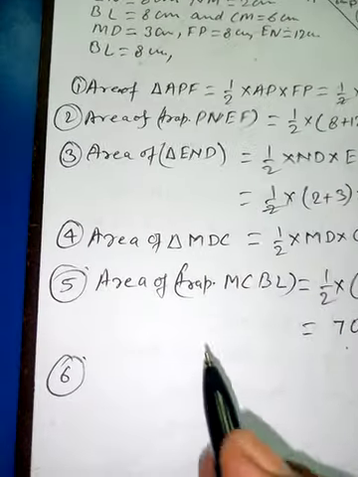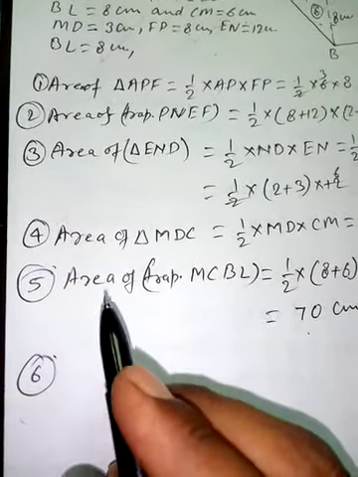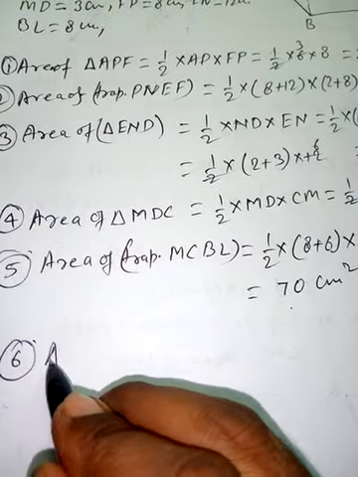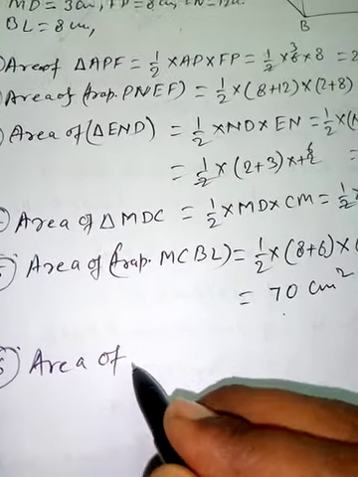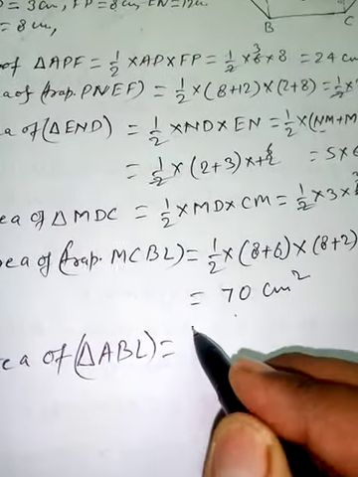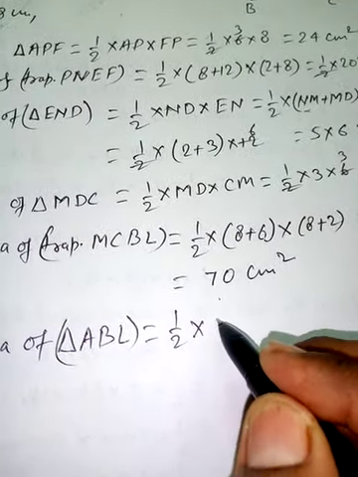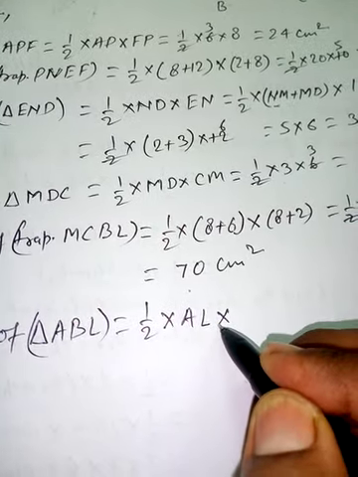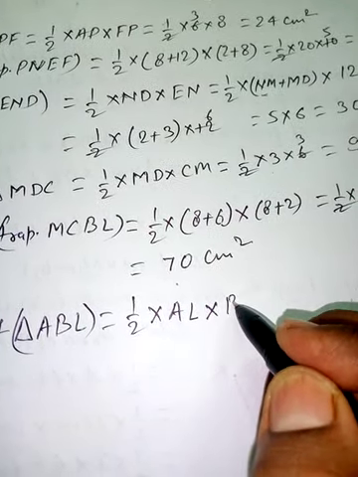Now the last one, figure 6. Area of triangle ABL equals 1 by 2 into base AL into height BL.